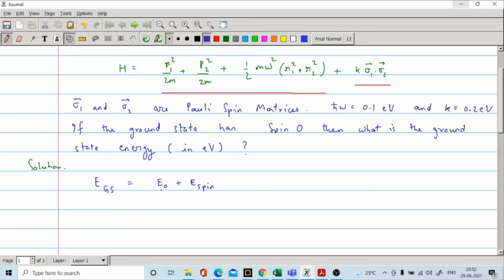So this thing is nothing but the ground state energy of, let's say, H naught. H naught is nothing but the first part. So let us call this thing H naught and this thing H spin.